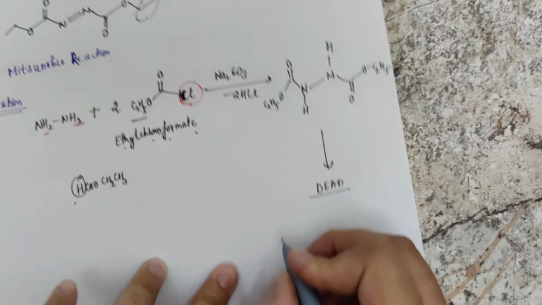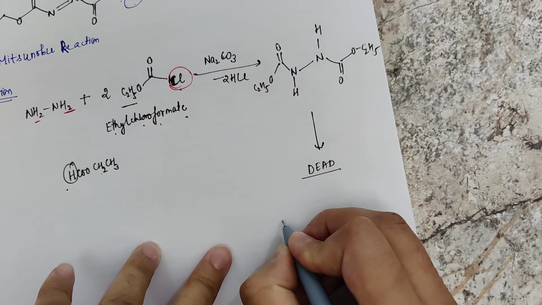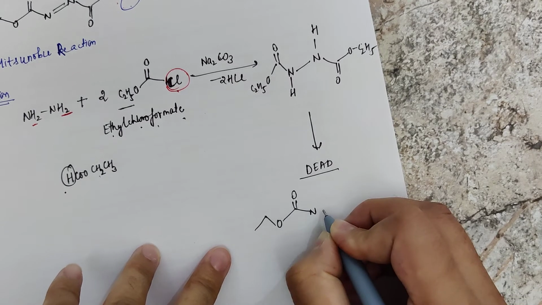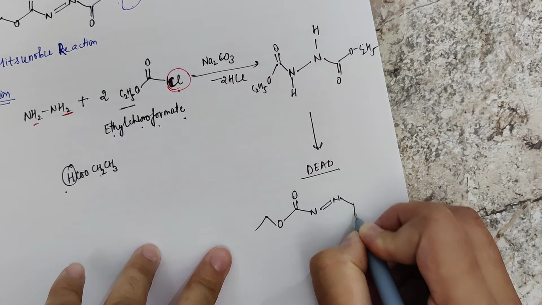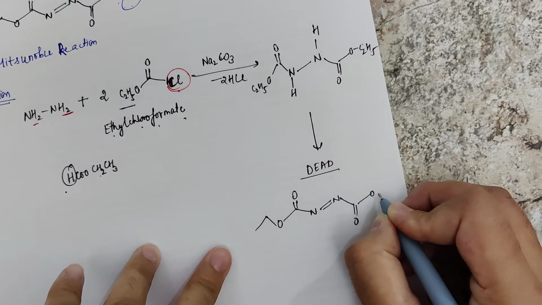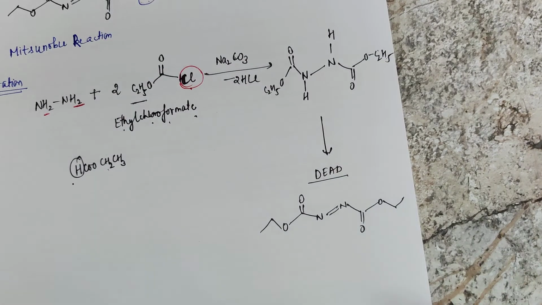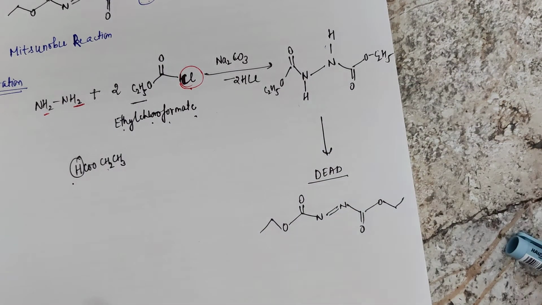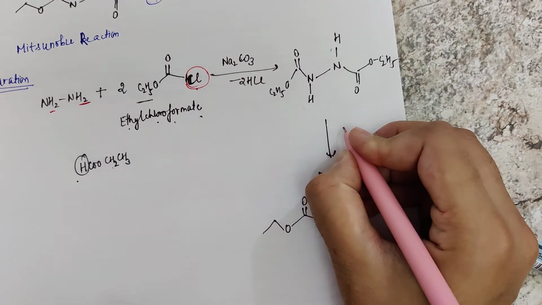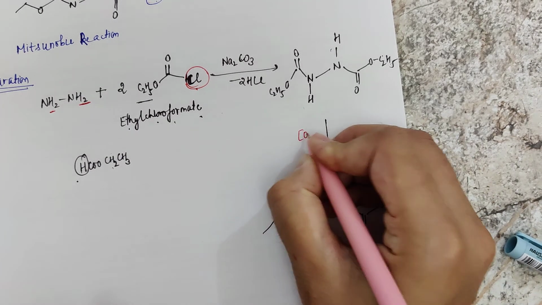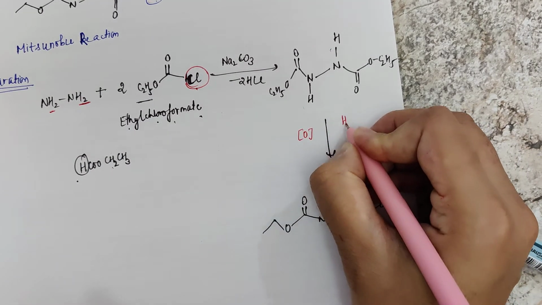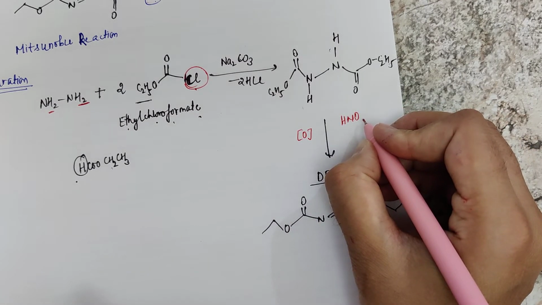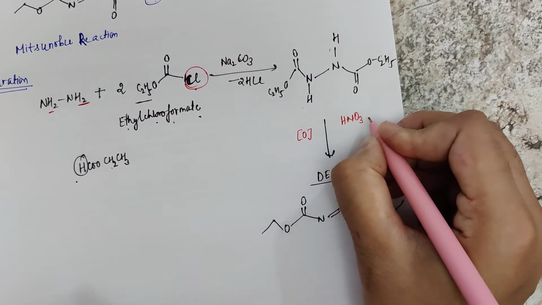अब वो मिलेगा कैसे? स्ट्रक्चर क्या है डेड का? This is the structure. So the only difference is ये hydrogen molecules remove हो रहे हैं and you are getting a double bond. That means you have to perform oxidation. Oxidation करने के लिए generally this solution is bubbled with hypochlorous acid.